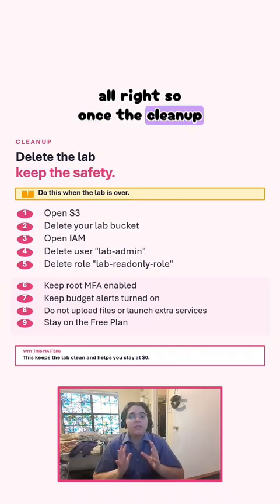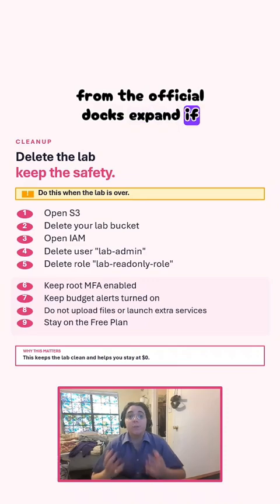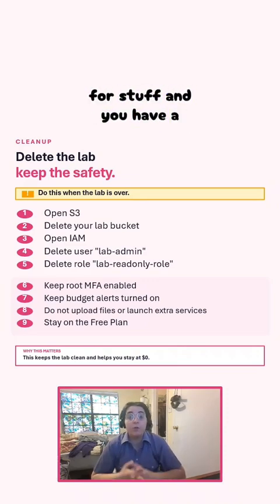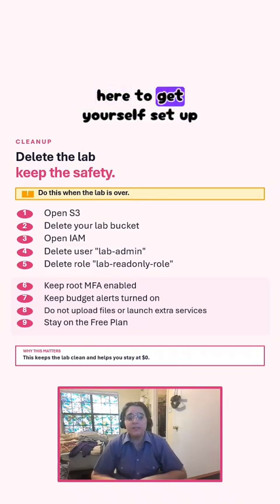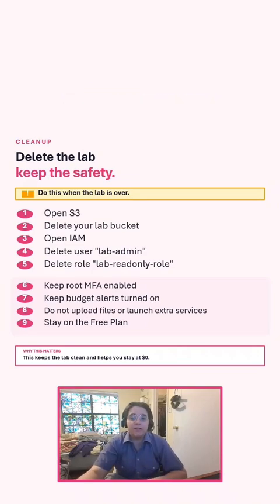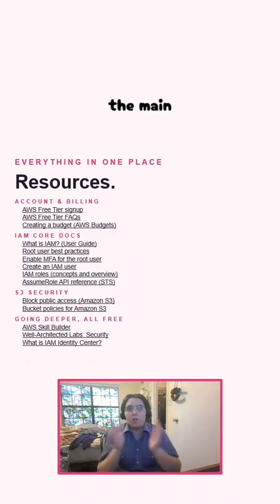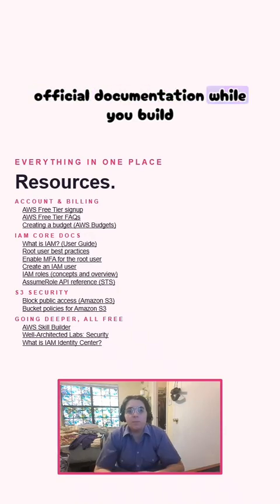So once the cleanup is done, you can use the resource slides to keep learning from the official docs. If you want to start paying for stuff and you have a bigger setup that can afford it, absolutely use all the resources in here to get yourself set up. Let's talk about the resources slide next. I put a lot of the main AWS resources together so you can follow the official documentation while you build.